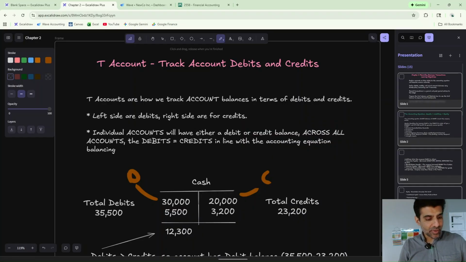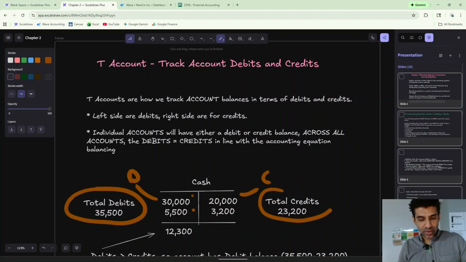You can see that the total debits are 35,500. I'm just adding these two up. And then the credits are 23,200. So my debits exceed my credits. Do we agree? That means my balance in cash is going to be a debit balance, because the debit side is larger than the credit side.